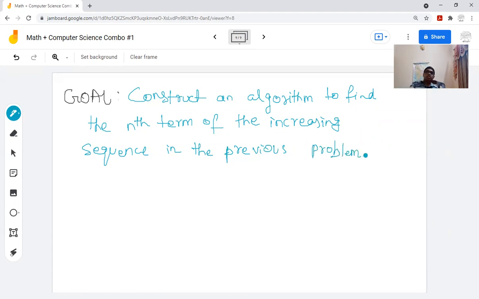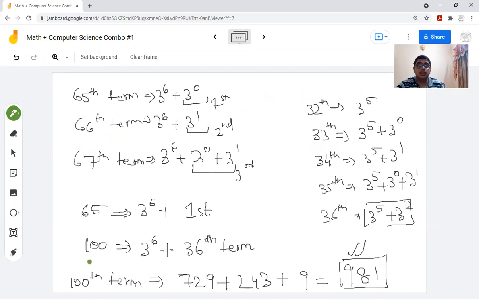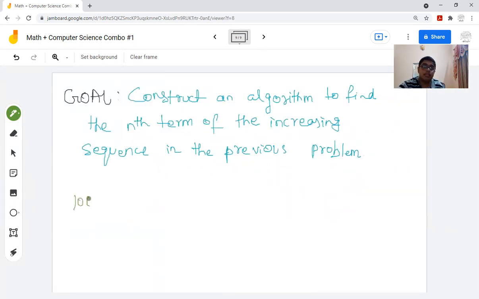So how do we plan to actually do it? Let us go back to what we did in the previous problem. Here, we saw that the 100th term was 3 power 6 plus the 36th term. Now I can find the 36th term in another way, using recursion.